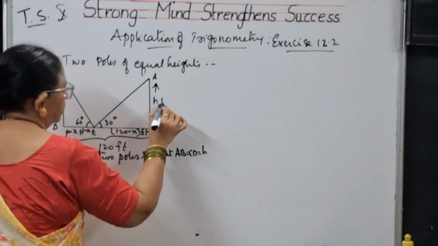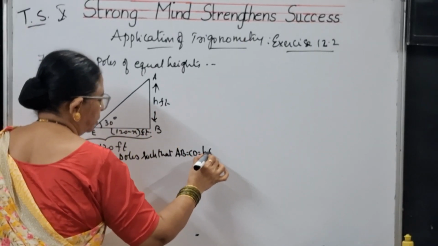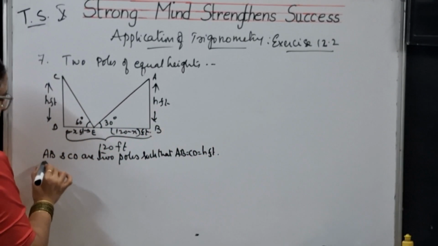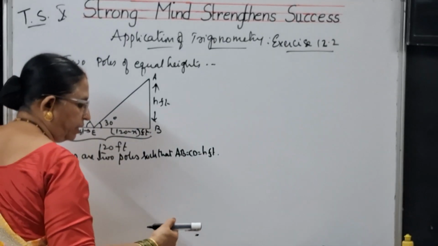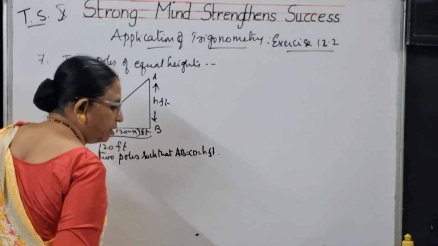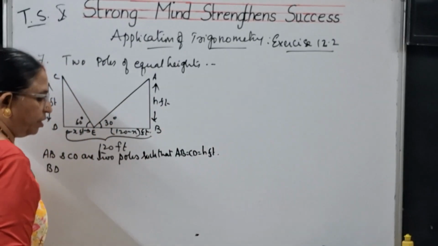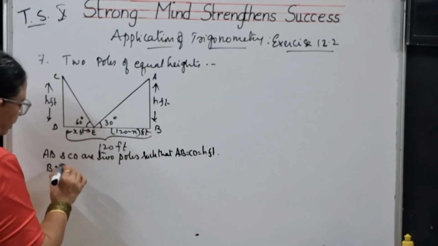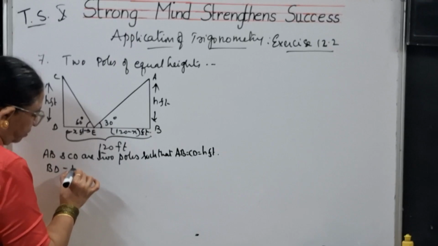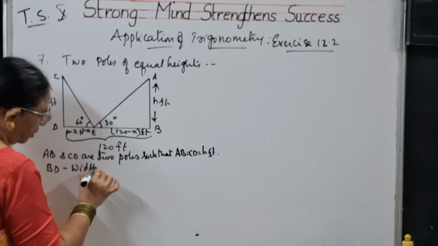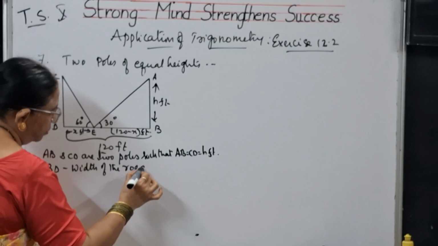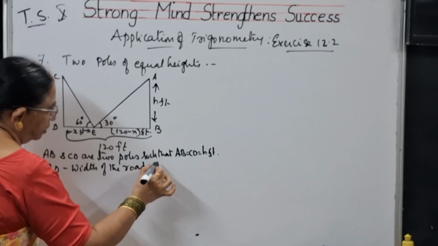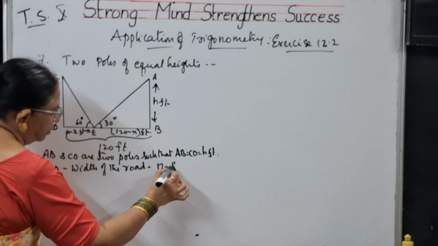H feet, because all the units should be the same. And BD, what is BD? The two poles are standing on either side of the road. BD is the width of the road, that is equal to 120 feet.